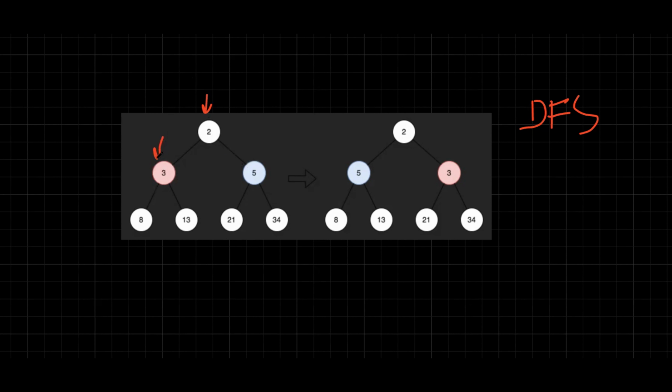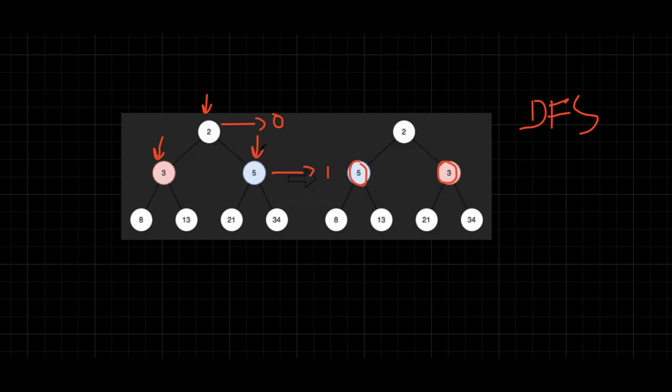One is the left tree, another is the right tree. So we can see that the level of this node will be 0 and the level of this node will be 1. So this is the odd level. So here we can easily swap the value 3 and 5. So it will become 5 and 3.